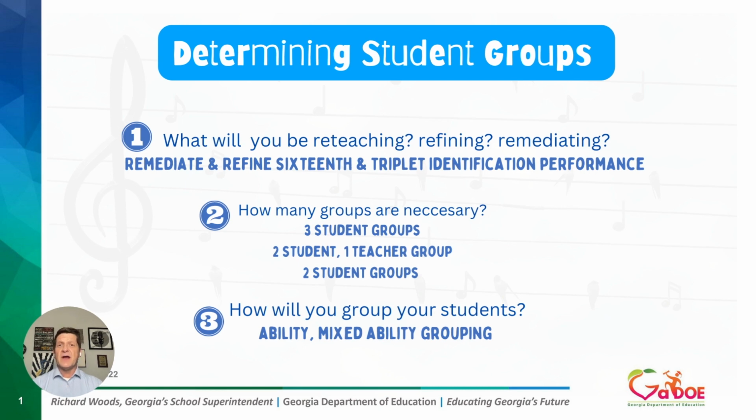So when developing your groupings, whether it's ability or mixed ability, make sure that you certainly take into consideration your student group and how they respond to different strategies, and how they respond to collaborating and working together, and use that to your advantage, so that you plan ahead for those foreseeable obstacles.